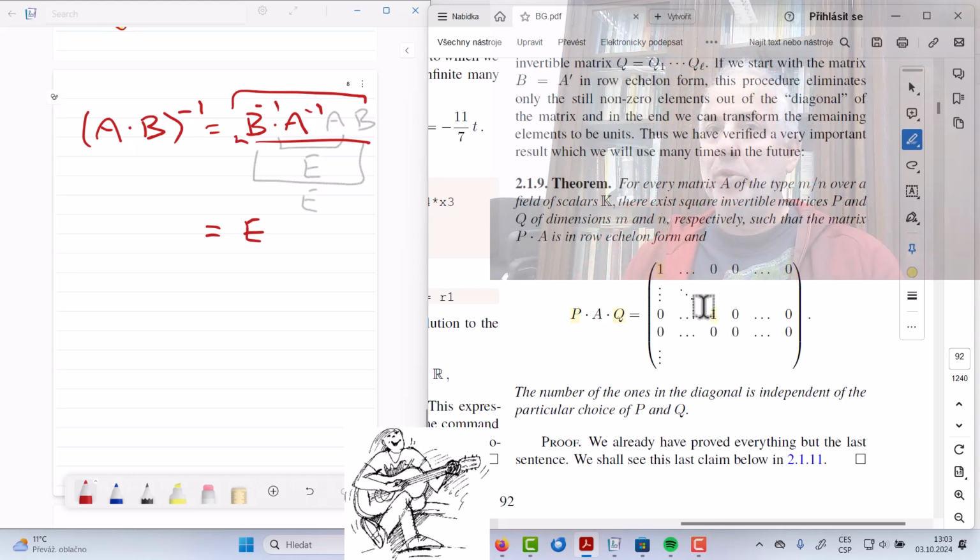Well, I will not give you the proof in this motivating presentation, but you can read through. Those who want to can, and those who want to believe and use the tool, just believe and trust us. The number of ones achieved this way does not depend on how we did the eliminations.